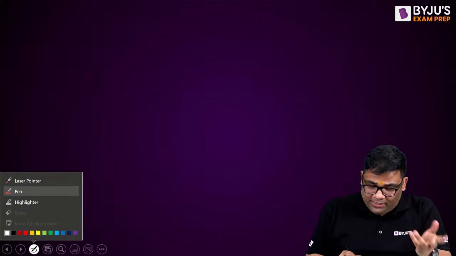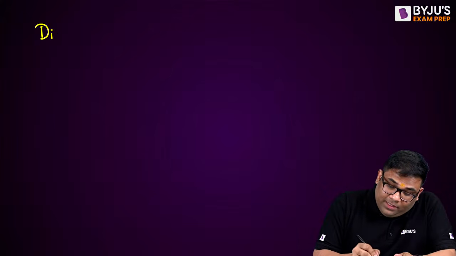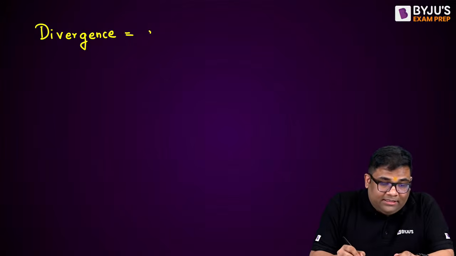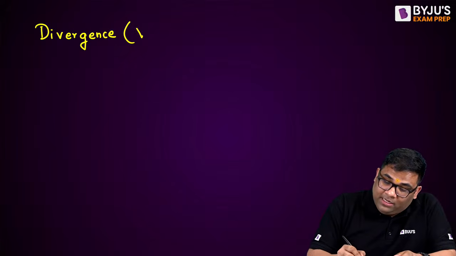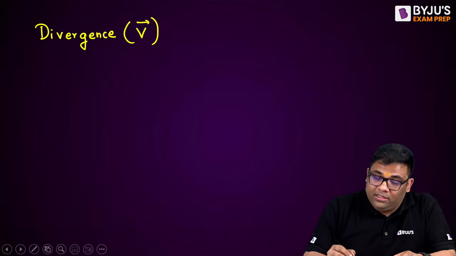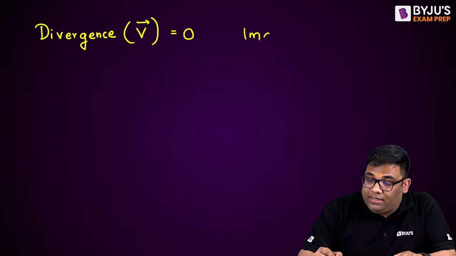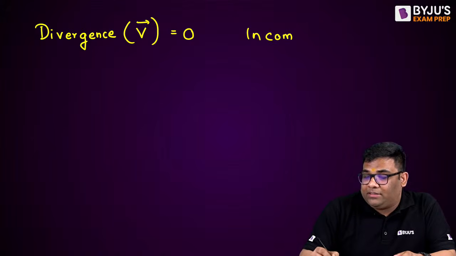Let us see some more conclusions. Now, if the divergence of a vector function is 0, because divergence acts on a vector function only, then I call that particular function incompressible. Yes, you might have seen these things in your fluid mechanics.